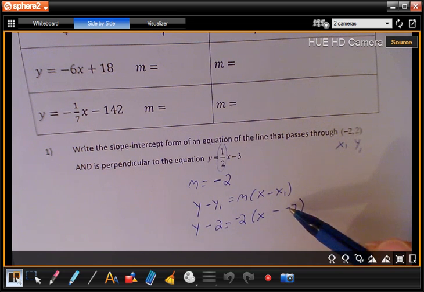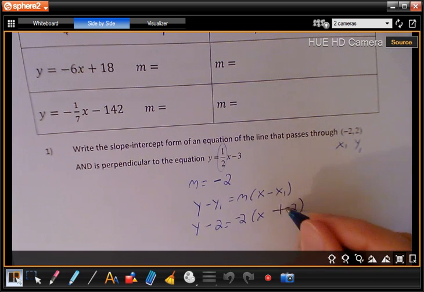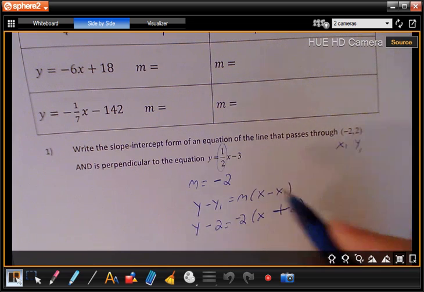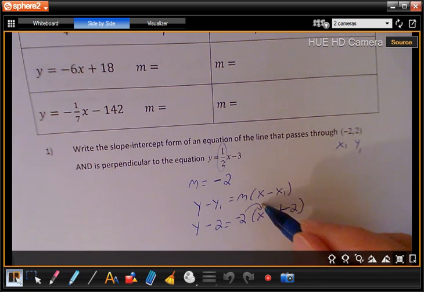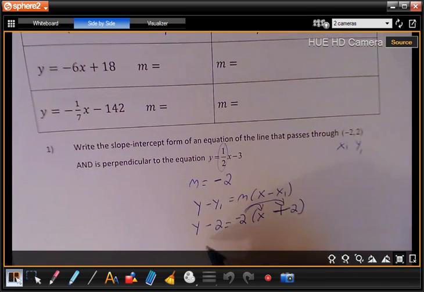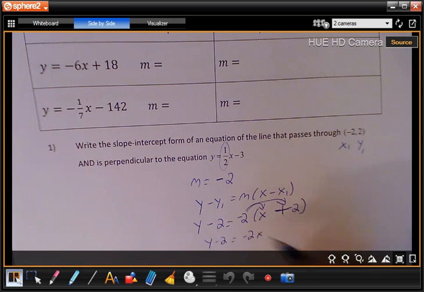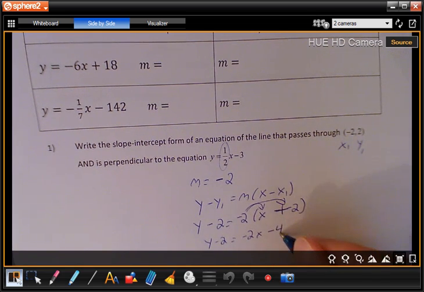Two negatives make a positive. And then we're going to distribute. y minus 2 equals -2x minus 4.